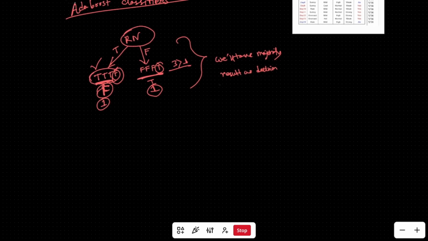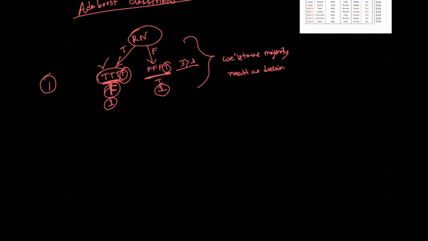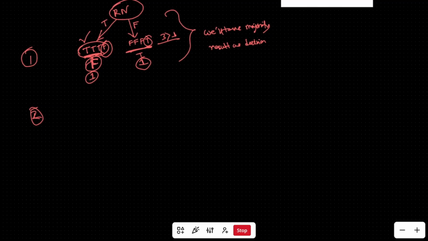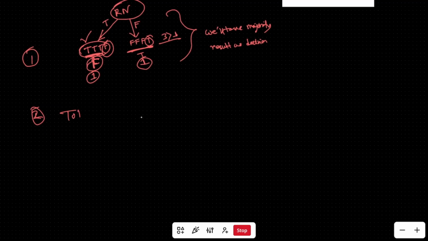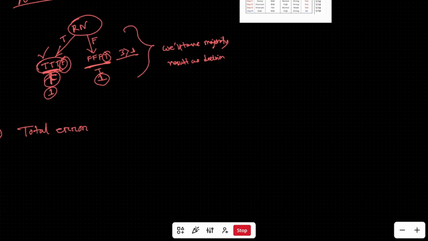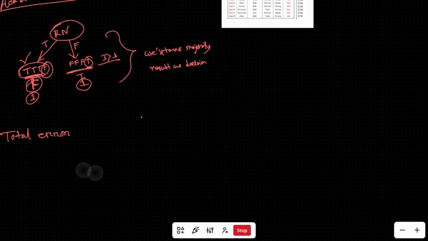Then the first step is to find the misclassified data, and the second step is to find the total error. How do you find total error? It is the summation of misclassified data.